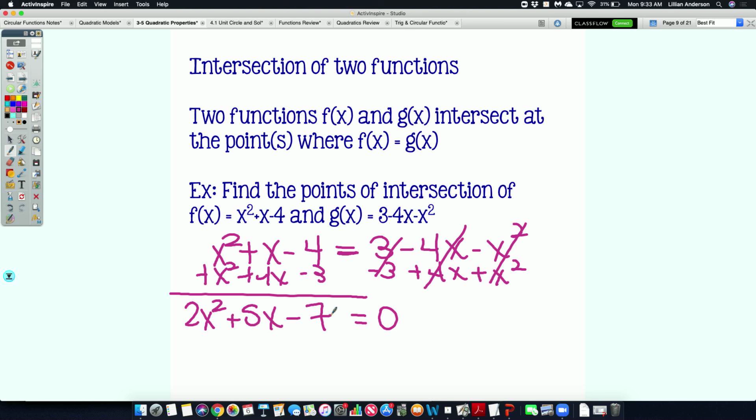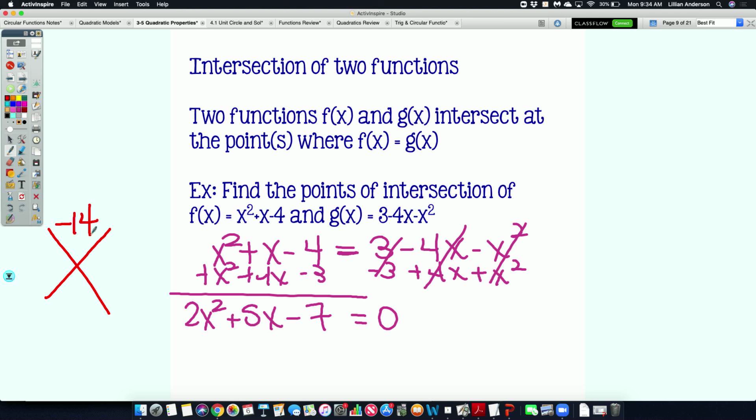Now, we're doing this one by hand because we need to review how to factor a simplest quadratic function. So you have to multiply 2 times, not positive 7, but negative 7. What is that? Negative 14. That number went on the top.